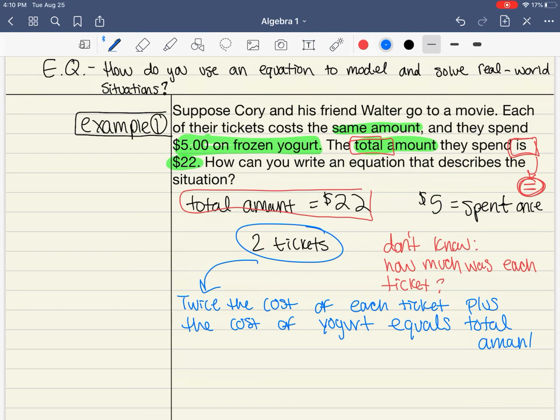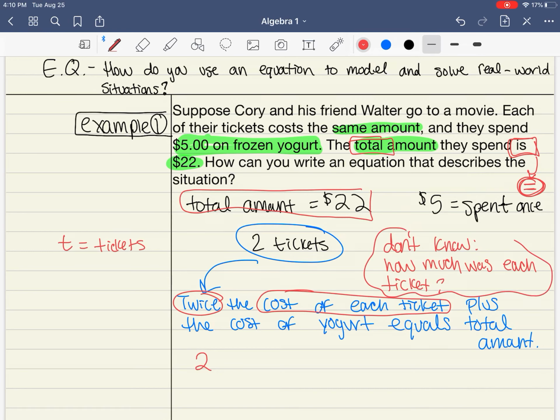And so now, getting that out in words, we can translate that a little easier to variables. So if we decide to use T as our tickets variable, it's going to be twice, 2, the cost of each ticket, which was what we don't know, right?